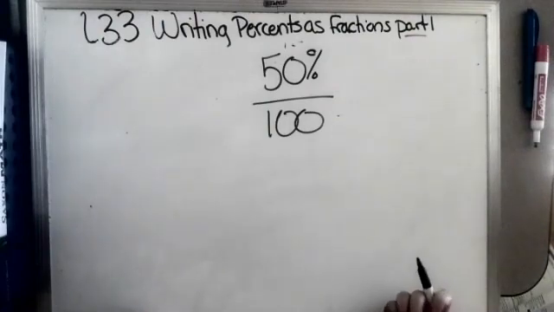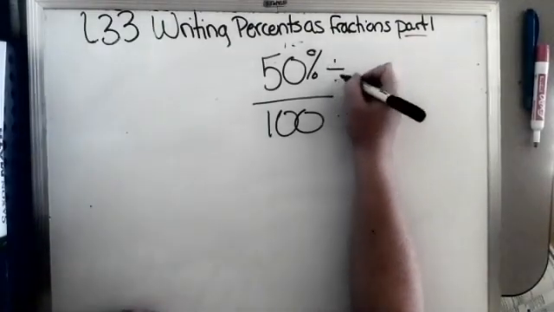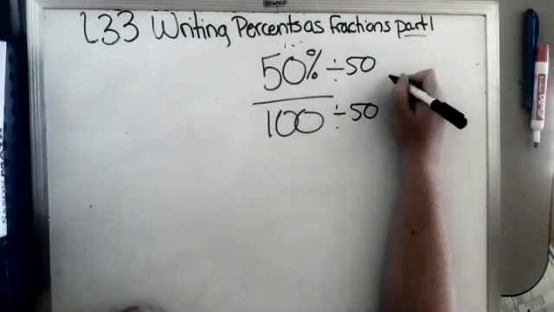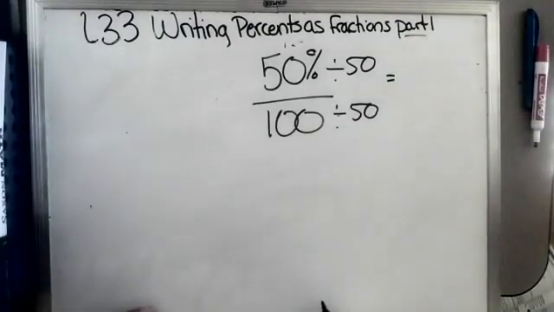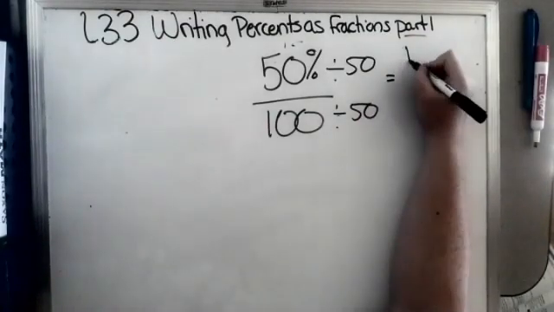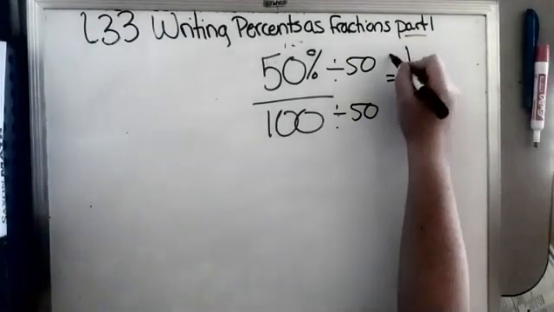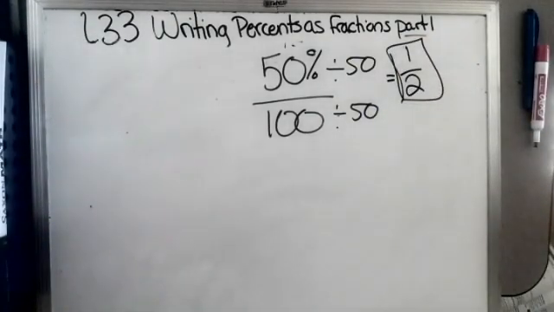And hey, wait a minute, two 50's together make 100, which means I could divide both by 50. Sometimes it pays to take a moment and think of what the biggest number you can divide by is. So 50 divided by 50 is 1, 100 divided by 50 is 2, and I have lowest terms.